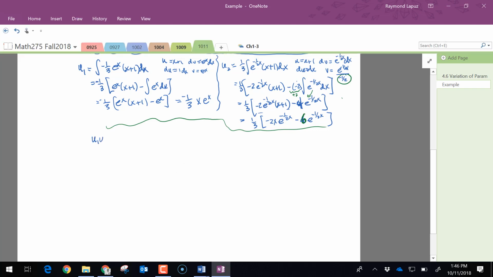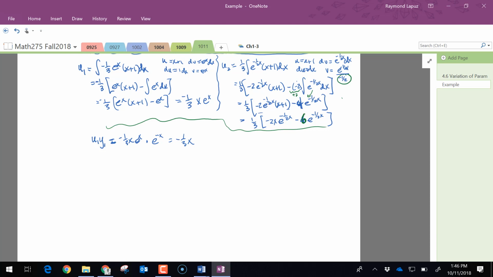So u1, y1 is -1/3 x e to the x. What's y1? Well, that's nice. So e to the x times e to the -x would just be 1, and so we just have -1/3 x.